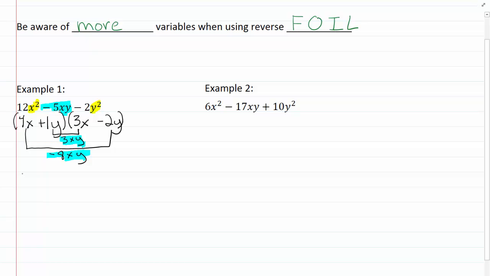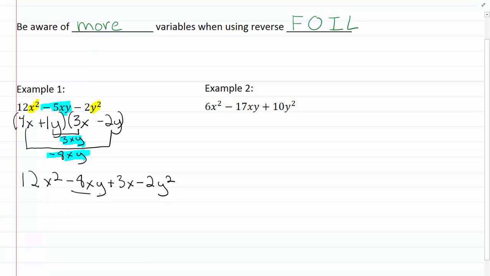So when we multiply our first terms together, we'll get 12x squared. And when we multiply together our outside terms, we'll get minus 8xy, inside terms plus 3xy, and the last terms, minus 2y squared.